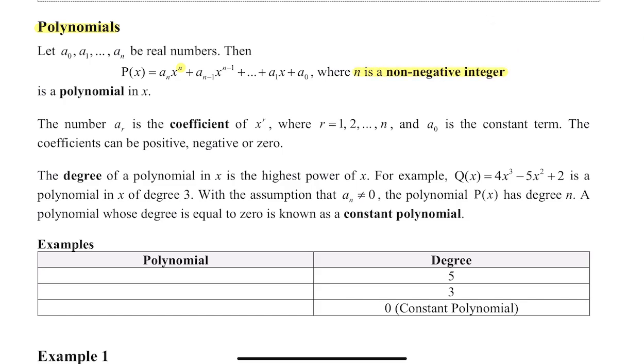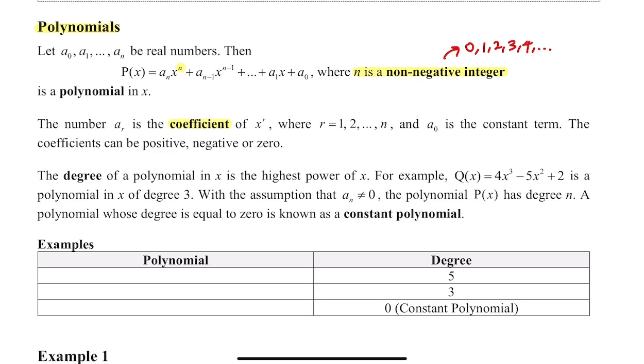Non-negative integers are 0, 1, 2, 3, 4 and so on. And all these x terms are multiplied with a coefficient, a term we learned in lower secondary.